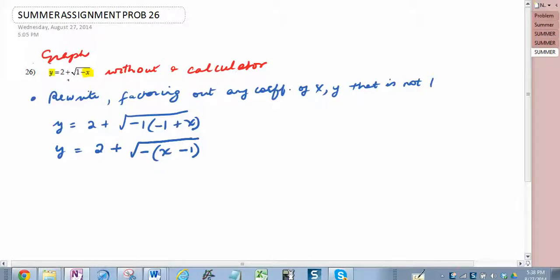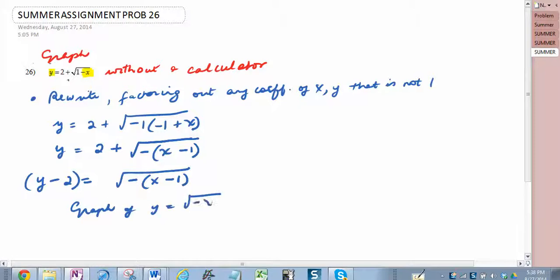The next step is optional. You can write it as y minus 2 equals, just so that you can see everything is very consistent. And you can see what I've got is the graph of y equals the root of negative x that has two shifts.